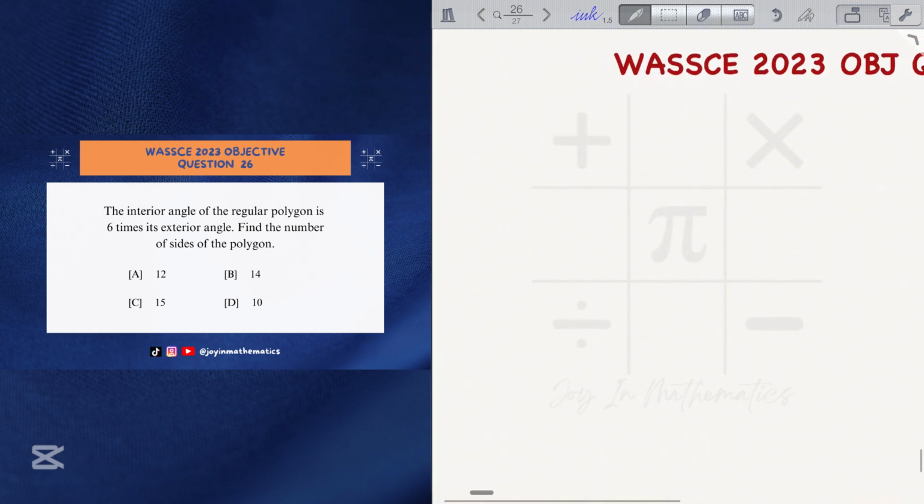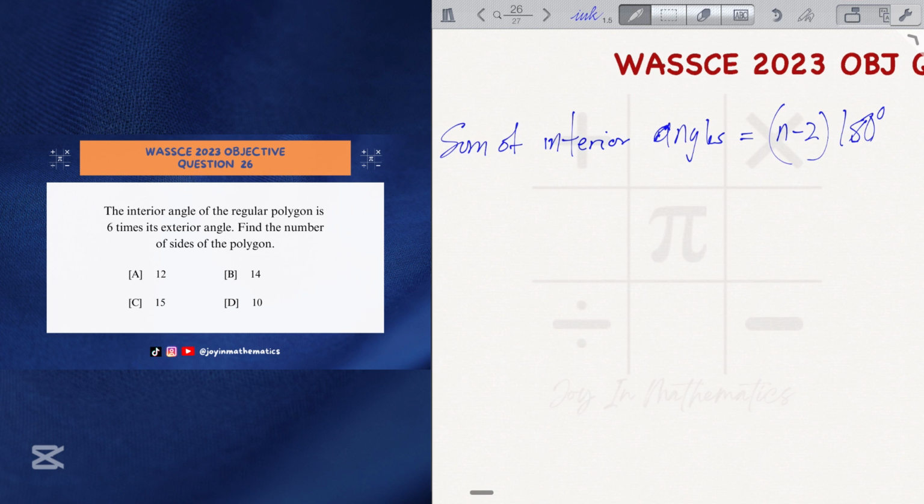The first thing is the fact that the sum of interior angles of a regular polygon is given as n minus 2 multiplied by 180 degrees.